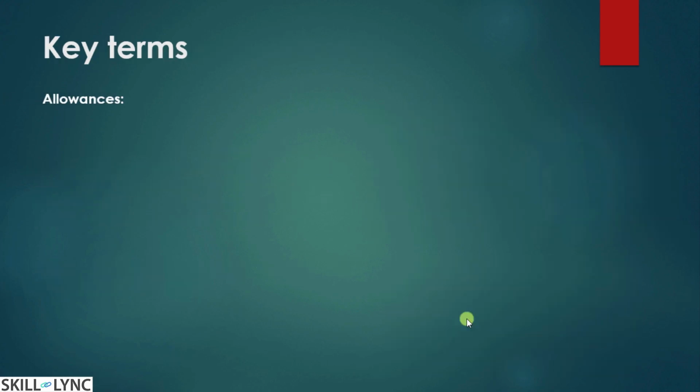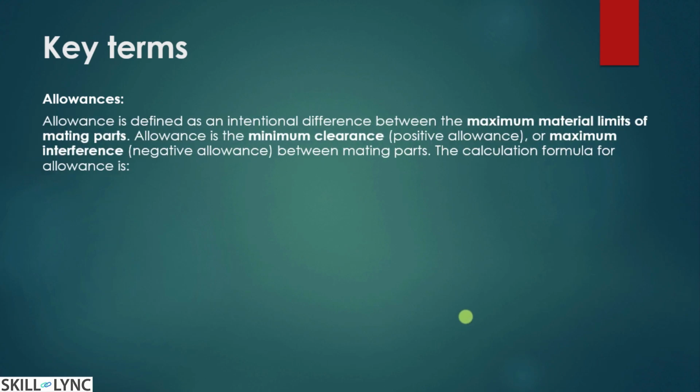So next, associated with the tolerancing are two terminologies, allowances and clearances. We look into those two. Allowance is defined as the intentional difference that you allow in the components so that the maximum material limits of the mating parts are defined.